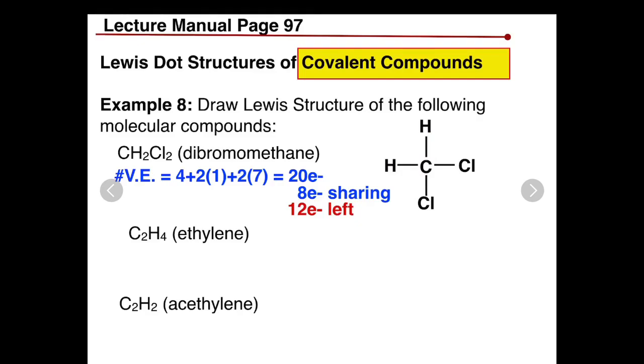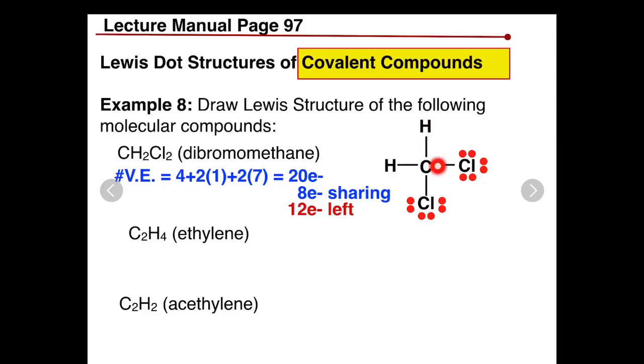The only things that lack an octet are these 2 chlorines, because right now they contain only 1, 2 electrons. So you are going to distribute those 12 electrons among them. Divide by 2, so 6, 6, give them 6 each. Overall, if you count the number of electrons, it comes out equal to 20, right?